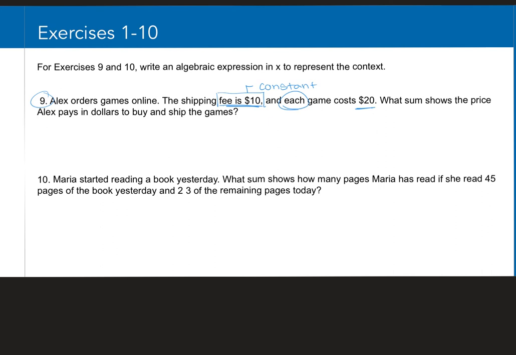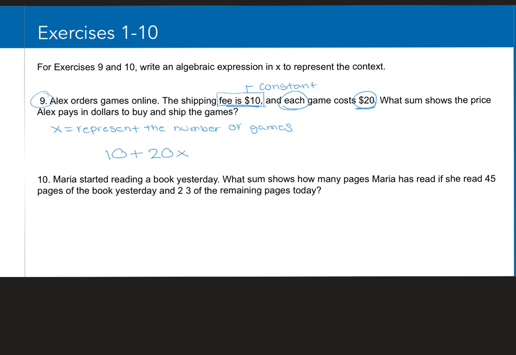So we are going to use x to represent the number of games. All right, so we know that it's a $10 flat fee, and then we know it's going to cost $20 per game, so we have 20x because we let x represent the unknown number of games that he's going to buy.